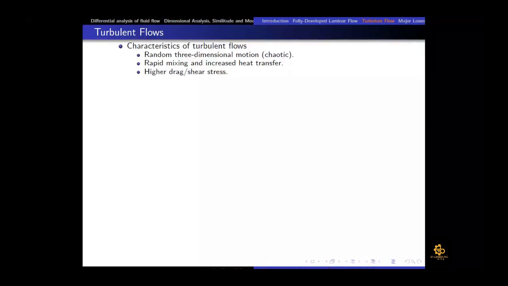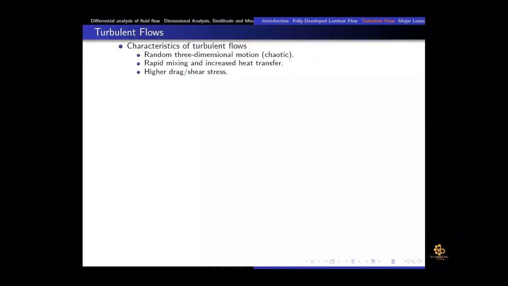What is the consequence of this? If an aeroplane has some cruise velocity, at that velocity the flow would be turbulent, so it would have very high shear stress, and the fuel consumption would be very high as compared to travelling in laminar flow.